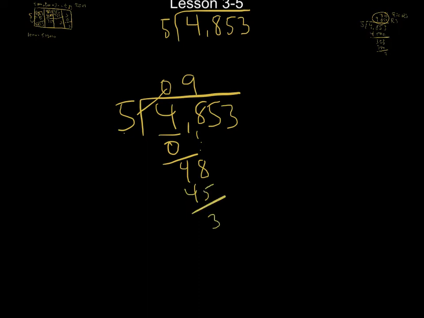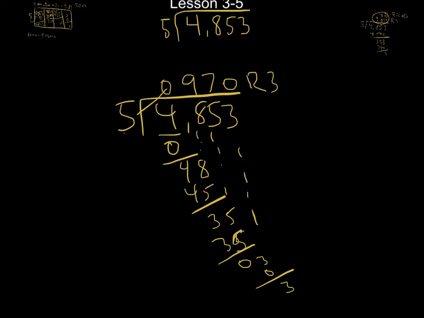Leaves me a 3 left over. This 5 comes down. 5 can go into 35 7 times, to give me 35. Subtract it, you get 0. The 3 falls down, and 5 cannot go into 3 at all, so 5 times 0 will give you 0, and subtract it, you get 3. So 970 with a remainder of 3.